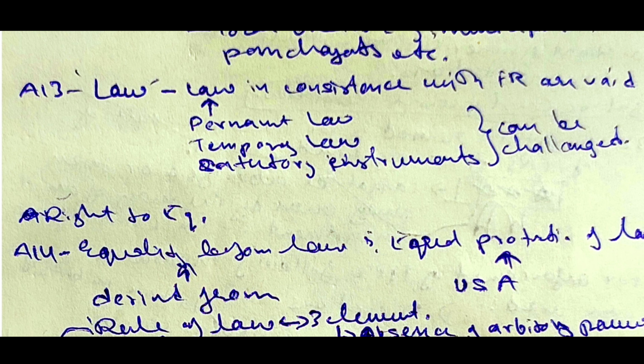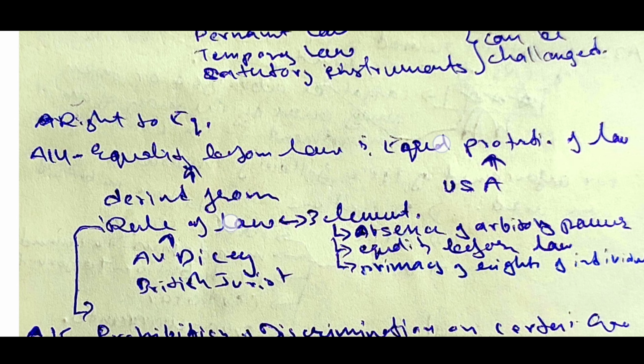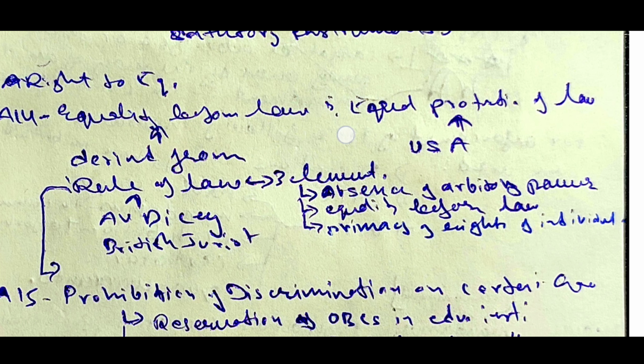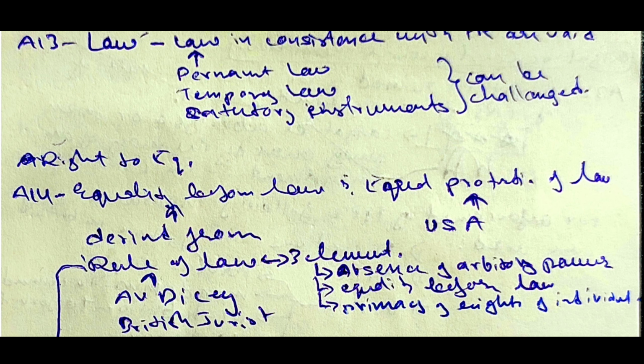Right. So now directly going into this, originally in the Constitution there were 7 fundamental rights. Those were right to equality, right to freedom, right against exploitation, right to freedom of religion, cultural and educational rights, right to property, and right to constitutional remedies.